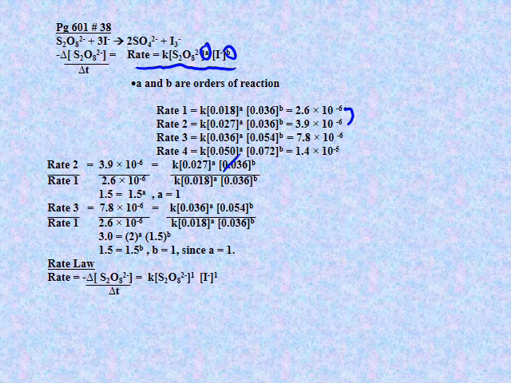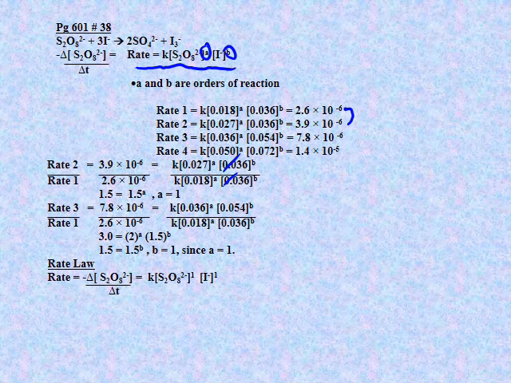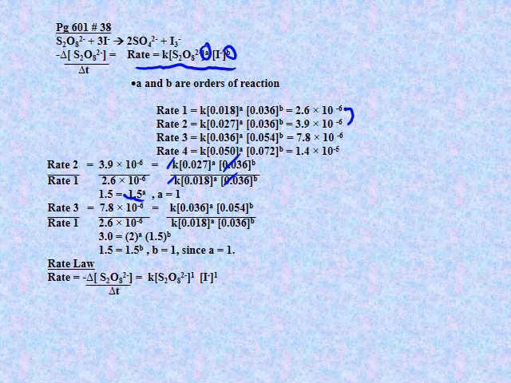So let's cancel out. Now I have 0.018 on the bottom and 0.027 on the top, and that gives you 1.5. K would cancel out. So basically on the right hand side you get 1.5 raised to the power a.